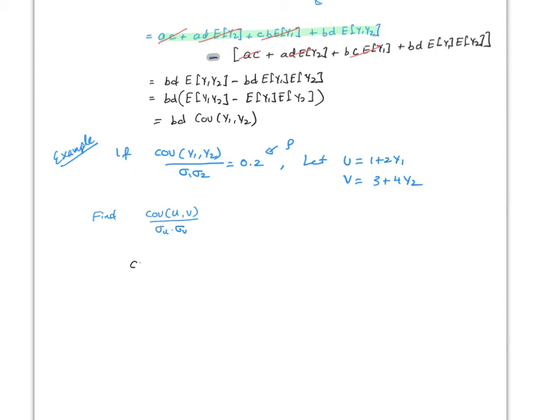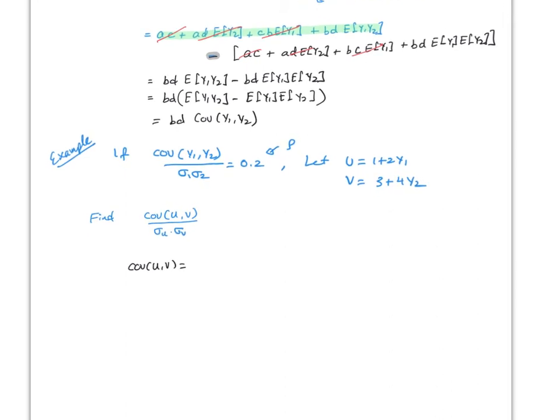First we need to find the covariance between u and b, and according to the result we have here, remember this is A, this is B, this is C, this is D. So this will be BD times the covariance between y1 and y2. In our case, this will be 2 times 4 times the covariance of y1, y2.